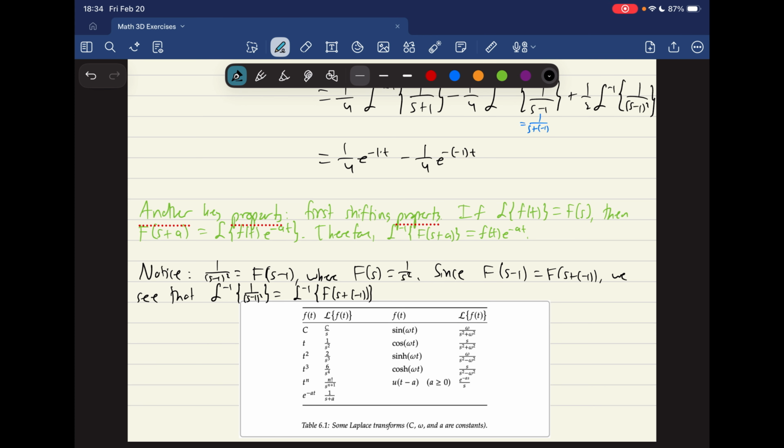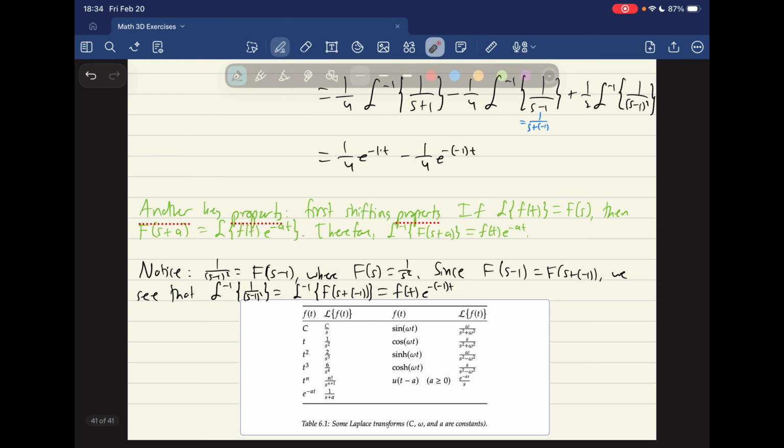And this will be equal to f of t times e to the negative 1 times t, where our f of t, well, we just have to go to the table. The f of t corresponding to capital F here is t, little t. So this is t times e to the t, where now I've just canceled out the negatives.